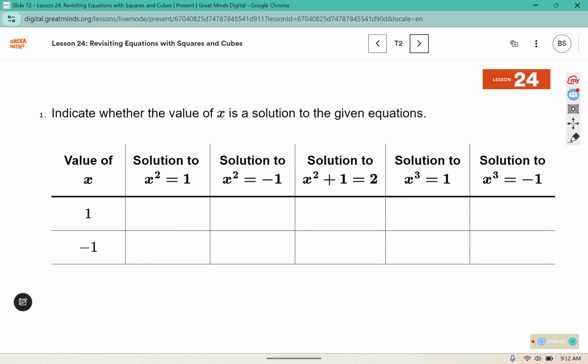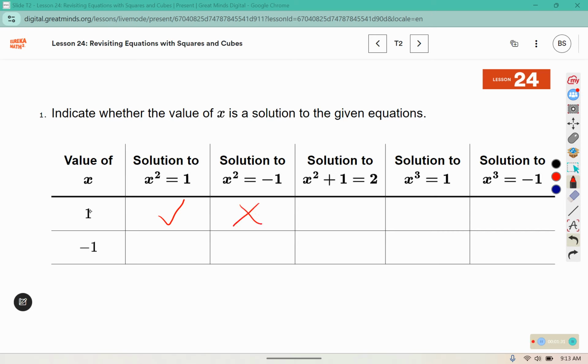Indicate whether the value of x is a solution to the given equations. If we plugged in 1, is 1 squared equal to 1? Yes, 1 times 1 is 1. So yes. Is 1 squared, 1 times 1 is positive 1, equal to negative 1?